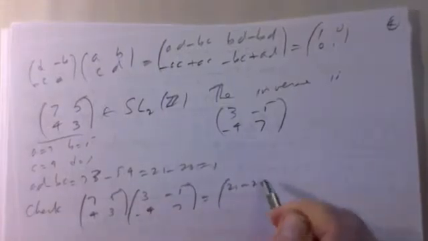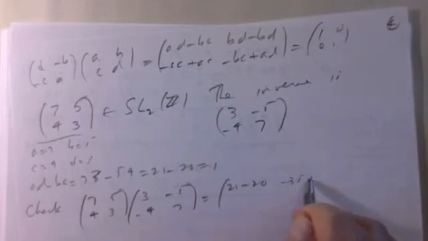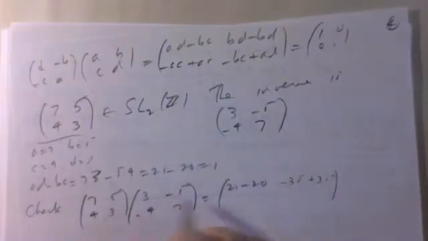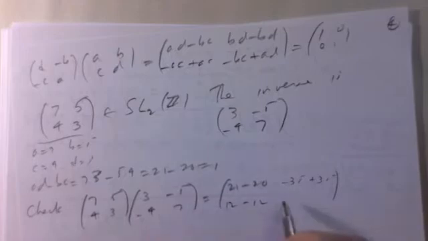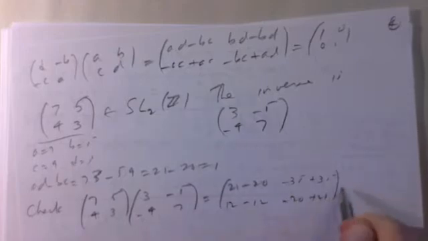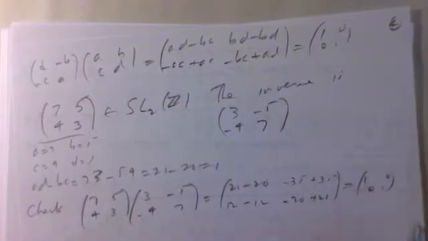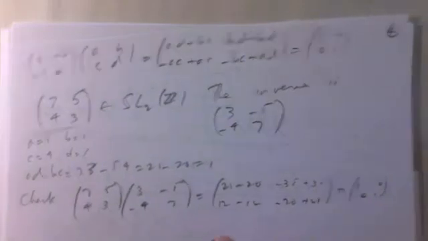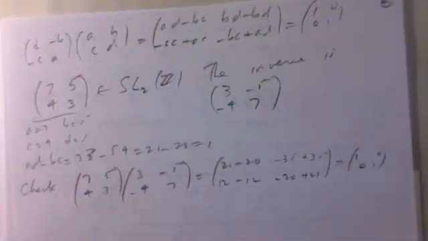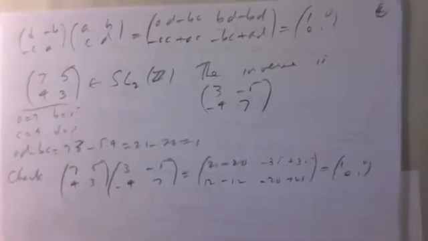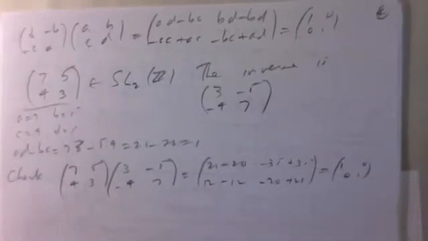This is 21 minus 20, minus 35 plus 35, 12 minus 12, minus 20 plus 21, 1, 0, 0, 1. We get back the identity. Okay. So this example is extremely important. It is a fundamental example of a group. And it comes up in many places in math and science, actually.